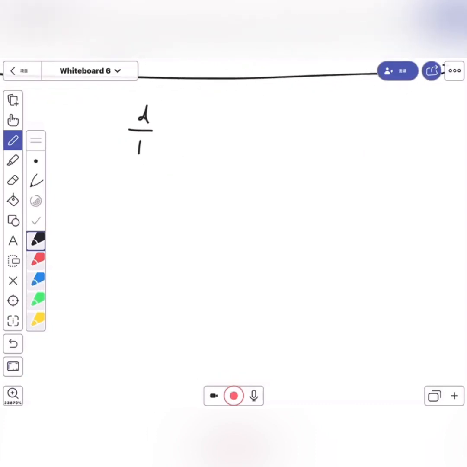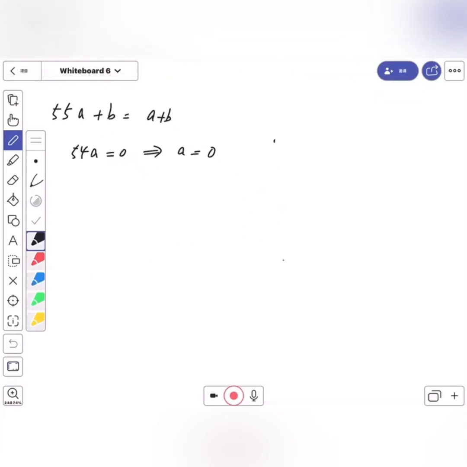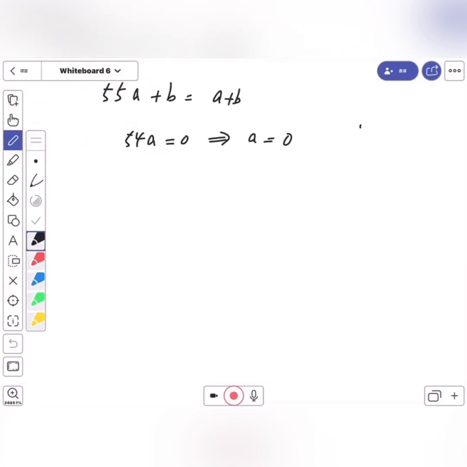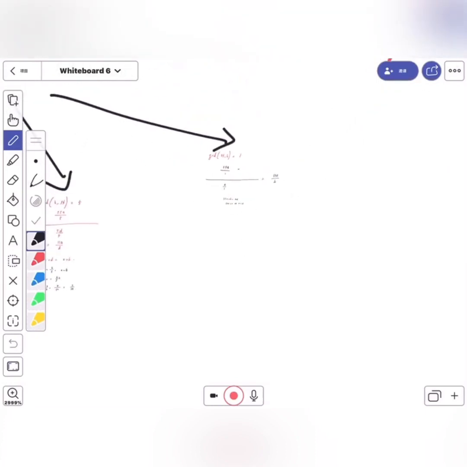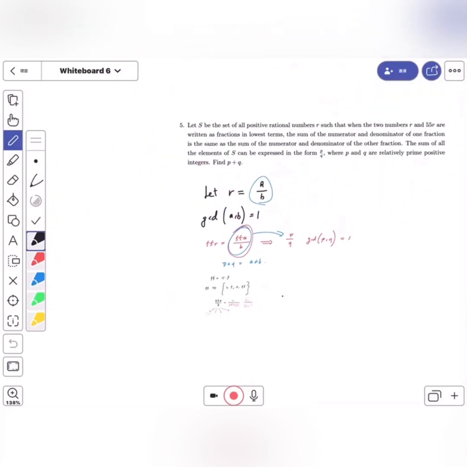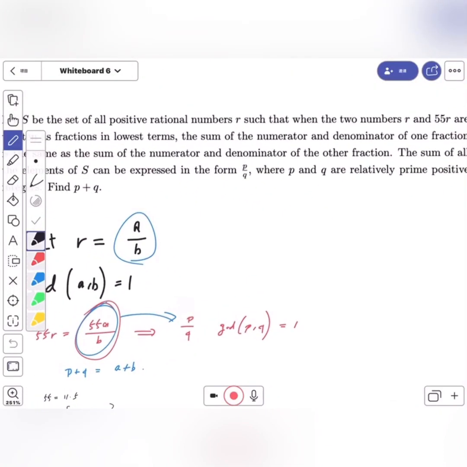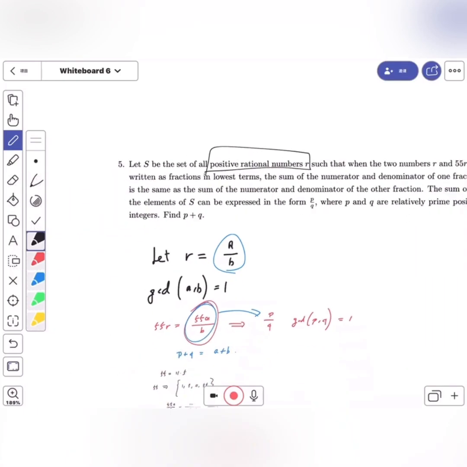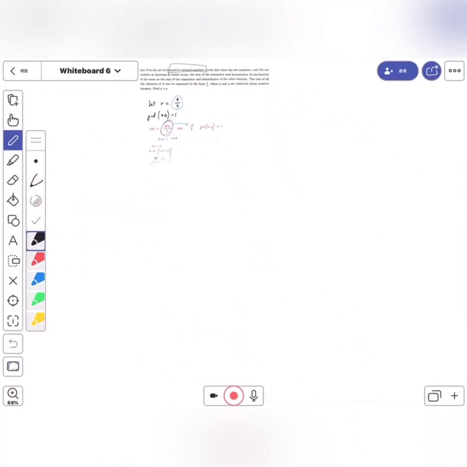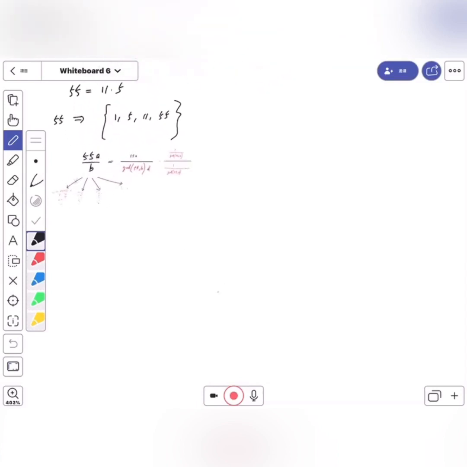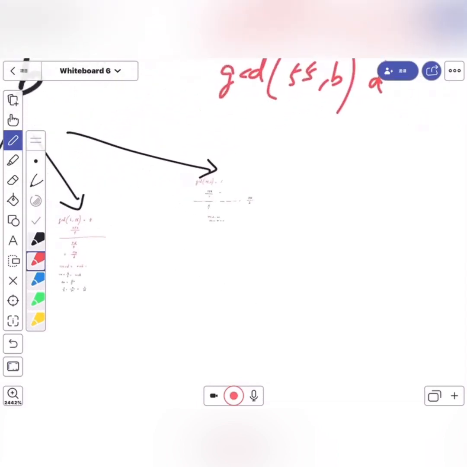Now 55a plus b is equal to a plus b. Then 54a is 0, so this means that a is 0. But we know that 0 clearly cannot work because, well, actually, even though 0 might work, then it's not going to even contribute to our sum, and we also want positive rational numbers, and 0 is not positive, so we don't want this case neither.